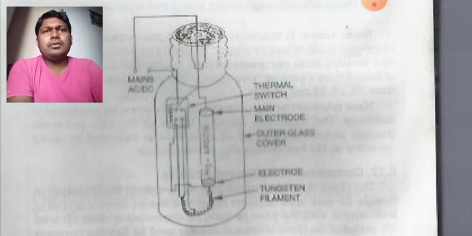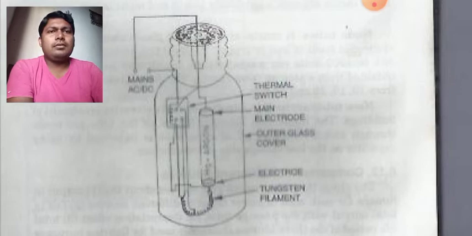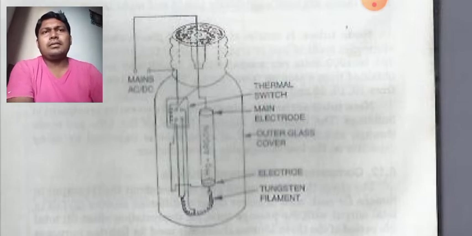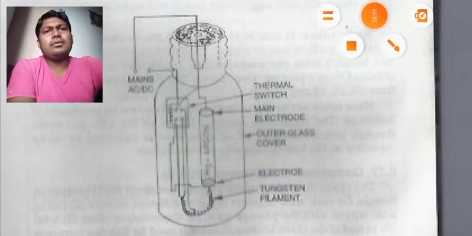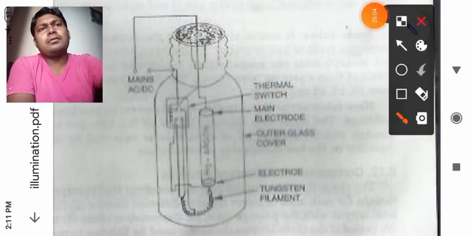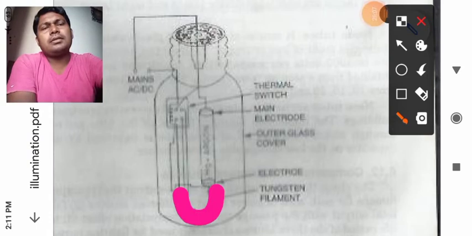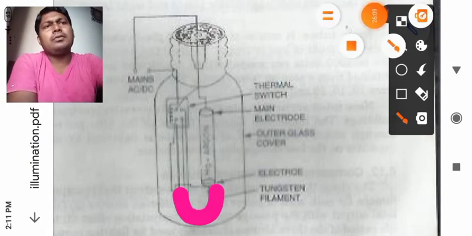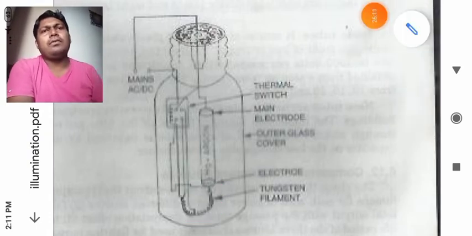There is a thermal switch, main electrode, outer glass cover, electrode, and tungsten filament. This tungsten filament is connected in series, and it is only used to limit the current. This one. So students, this is the tungsten filament which is used to limit the value of current.